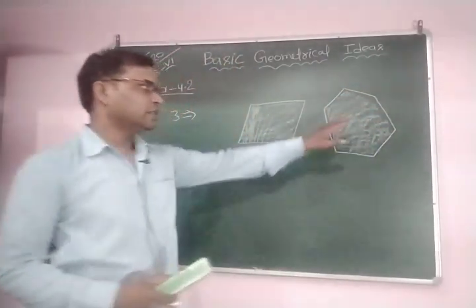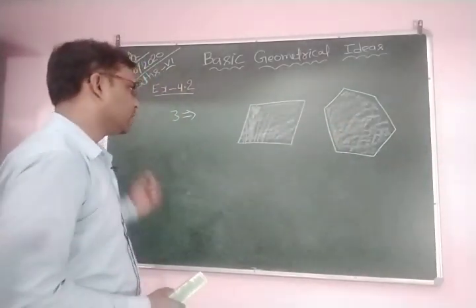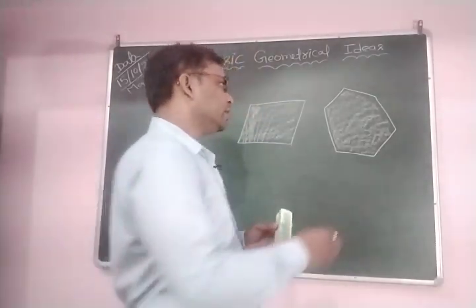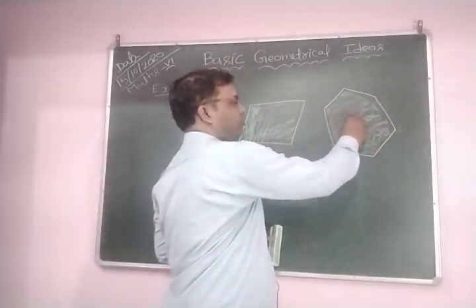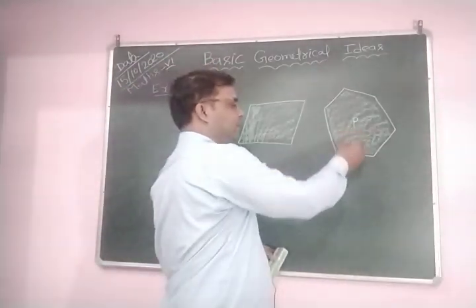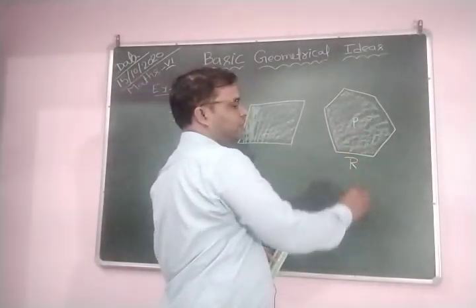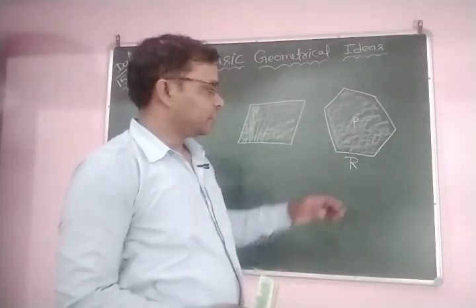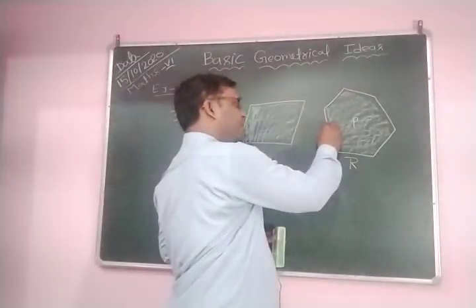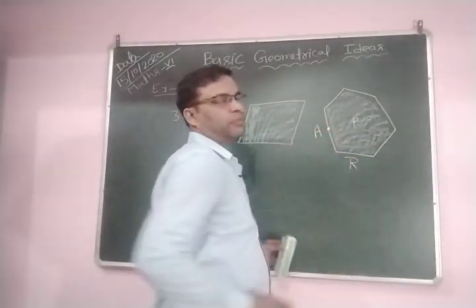This is a polygon, and we set its interior portion. If you write any point here, suppose P, this is called an interior point. Any point outside of this polygon is called an exterior point. If you take any point here, point A, this is called a boundary point.